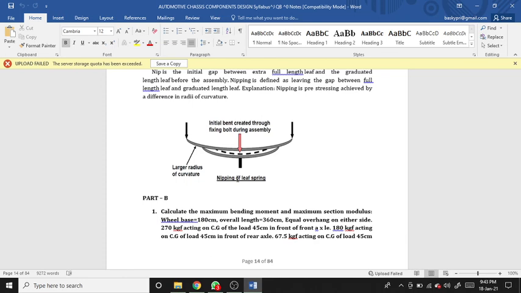Next we are going to see one numerical sum. Calculate the maximum bending moment and the maximum section modulus.